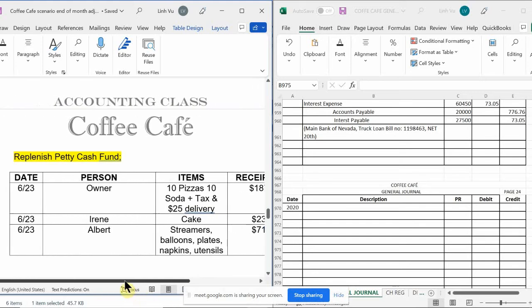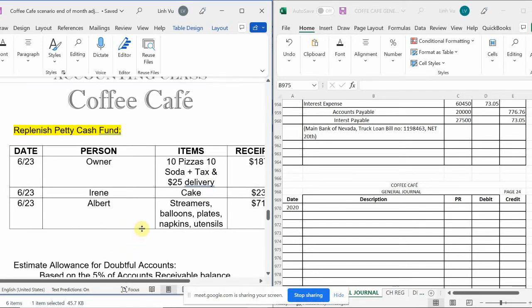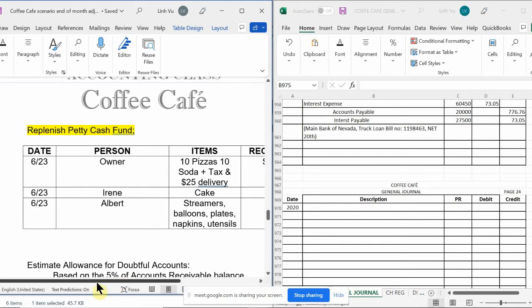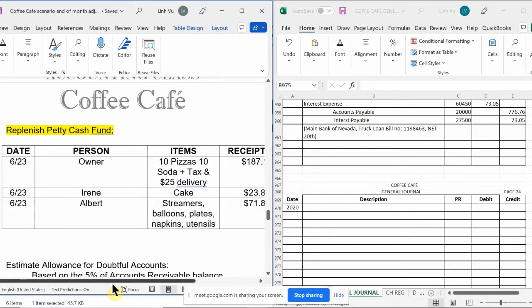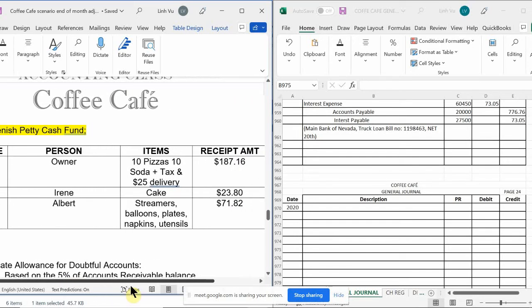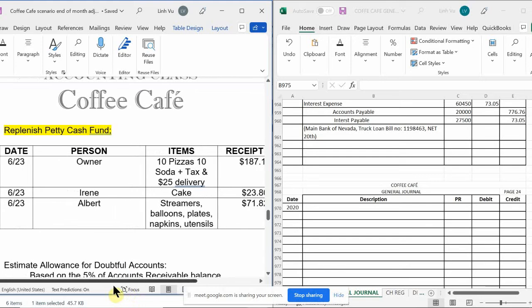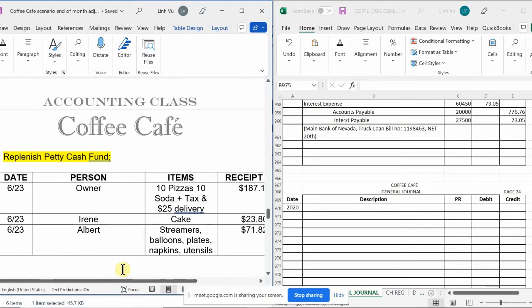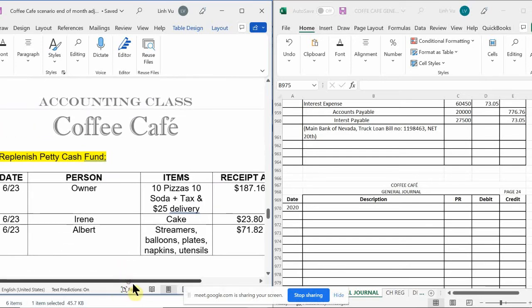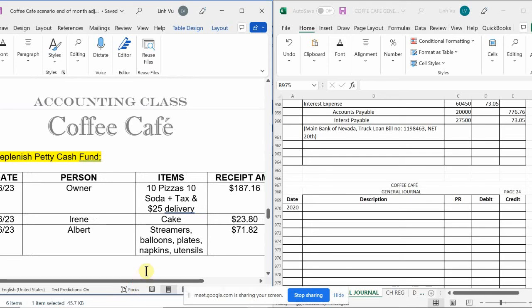All right, so how do we replenish this petty cash fund? What were all these purchases made for? You guys remember? What was on the 23rd? They celebrated the end of the grand opening.